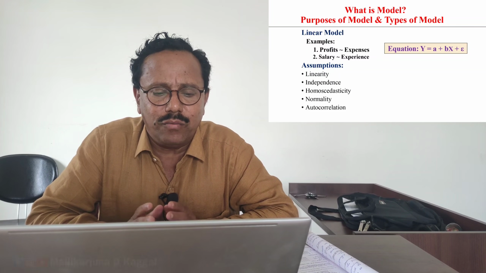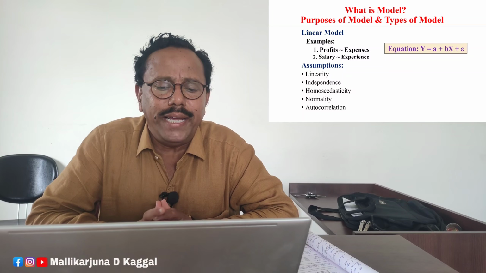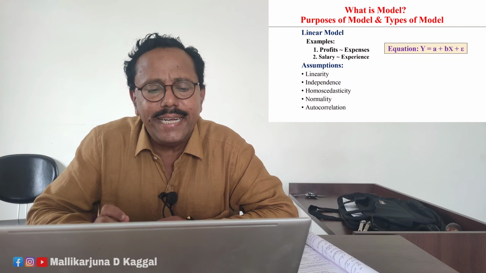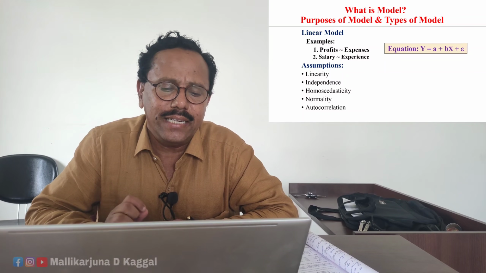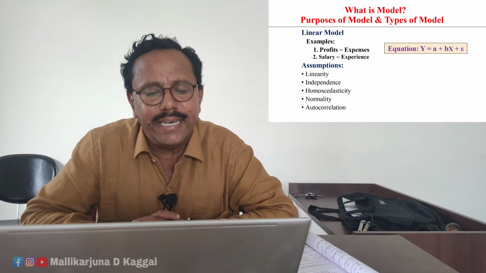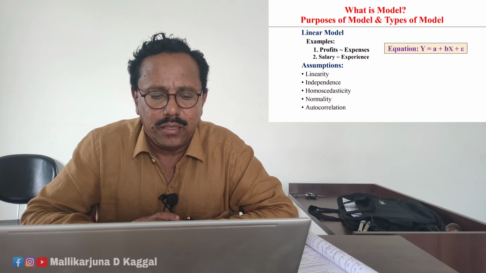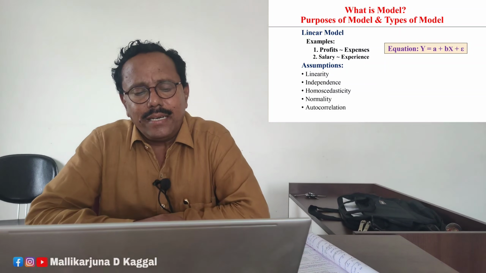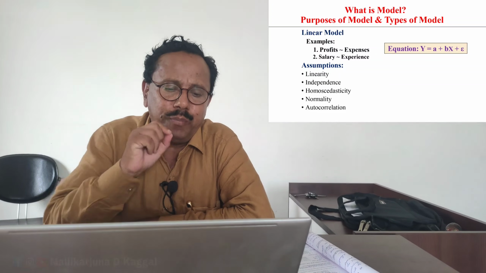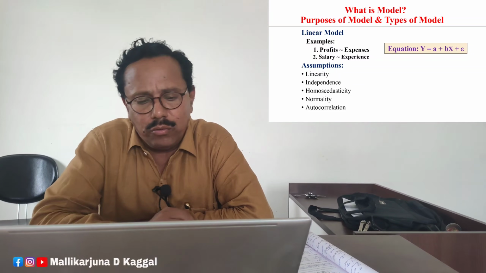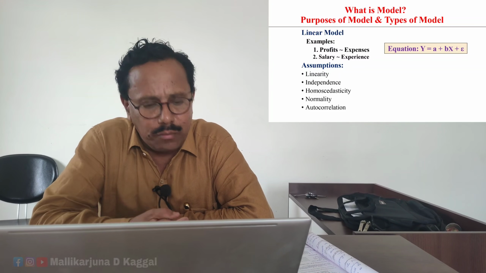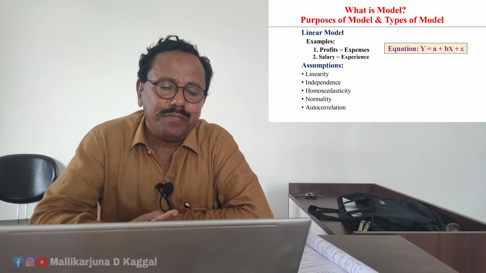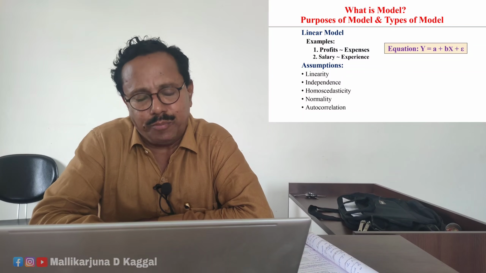Let me repeat once again with one small example, linearity. What we set as the hypothesis is: H0 is there is linearity, H1 is there is no linearity. If we calculate the Ramsey RESET test, your p-value is going to determine whether the null hypothesis is accepted or the alternative hypothesis is accepted.